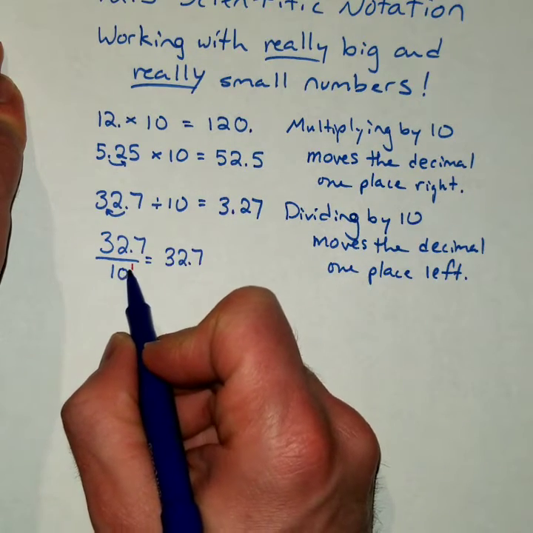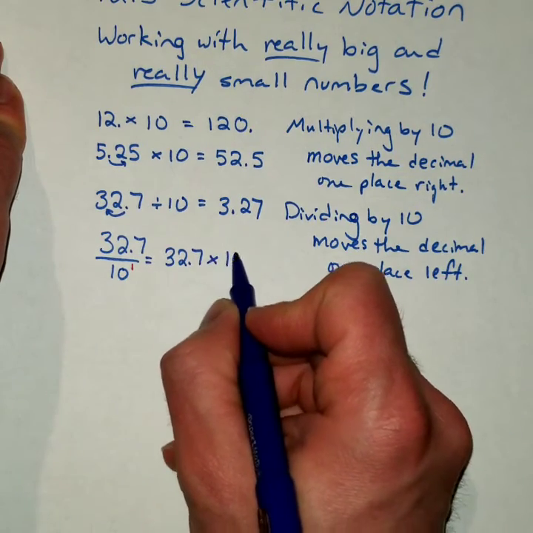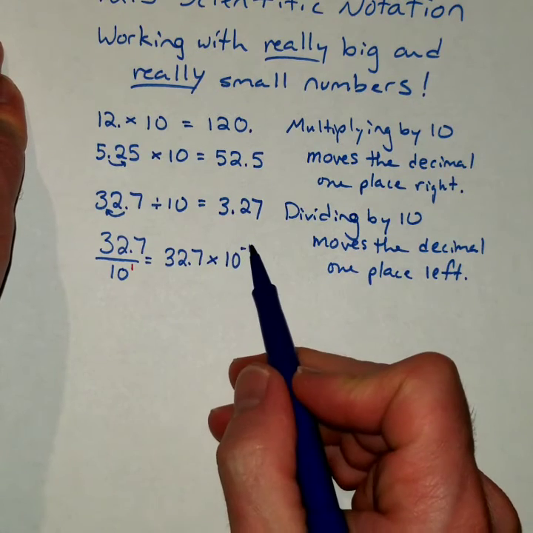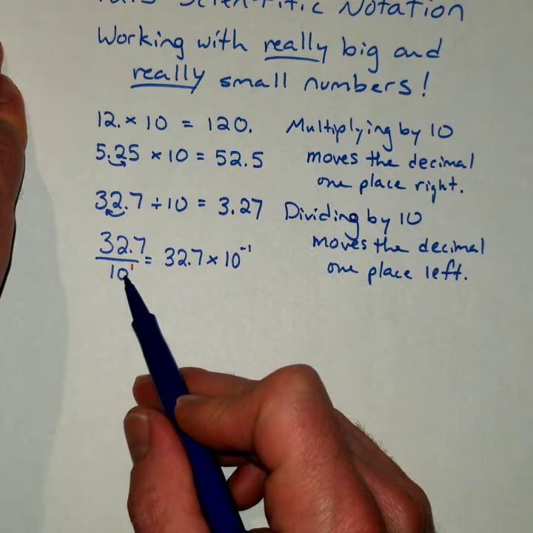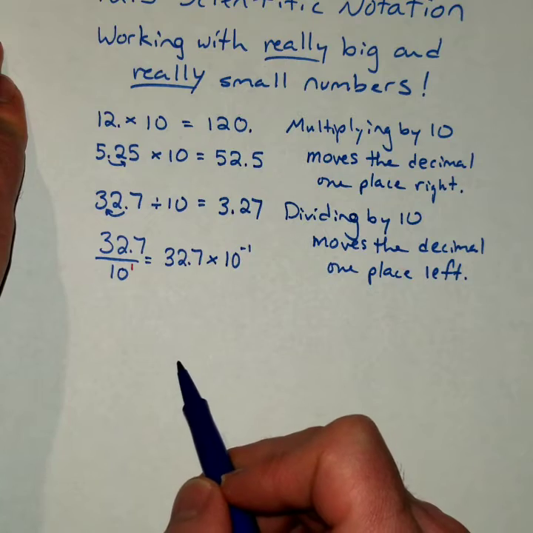Instead of dividing by 10, you can actually multiply by 10 to the minus 1, a negative power. Negative powers end up being positive on the bottom. And so instead of dividing by 10, you could actually multiply by 10 to the minus 1.